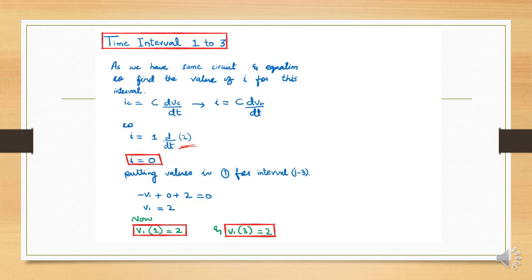Now putting values in our KVL in interval 1 to 3, we got I is equal to 0. So when we multiply R with I, we got 0, and our V1 is equal to 2. So V1 is 2 for t is 1, and when t is 3, again the same value, that is 2, right?